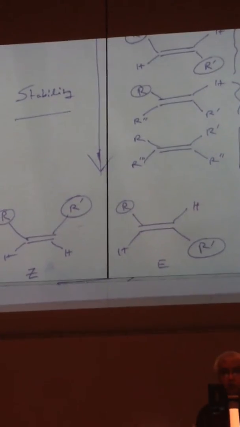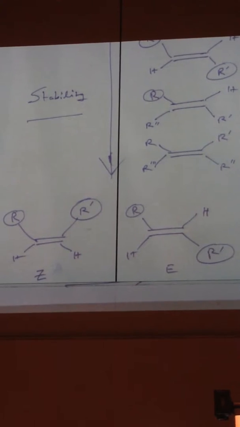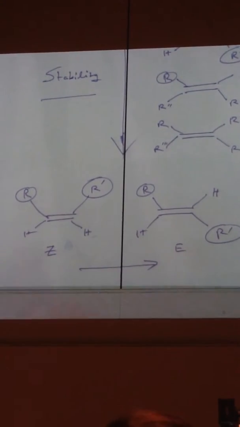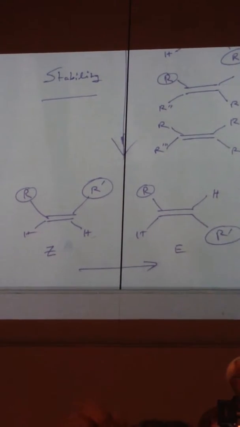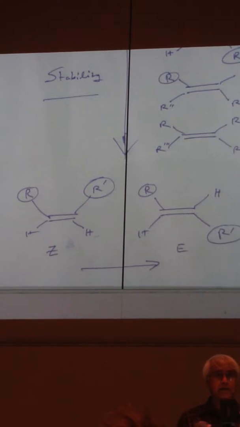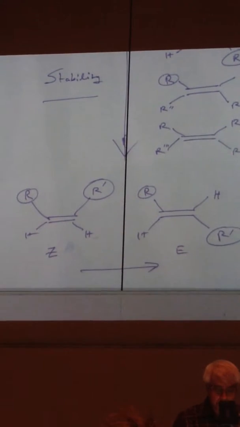The E molecules are more stable because of less van der Waals interaction between the substituents. And also that will depend on the size of the substituent. The larger it is, the difference would be more pronounced.